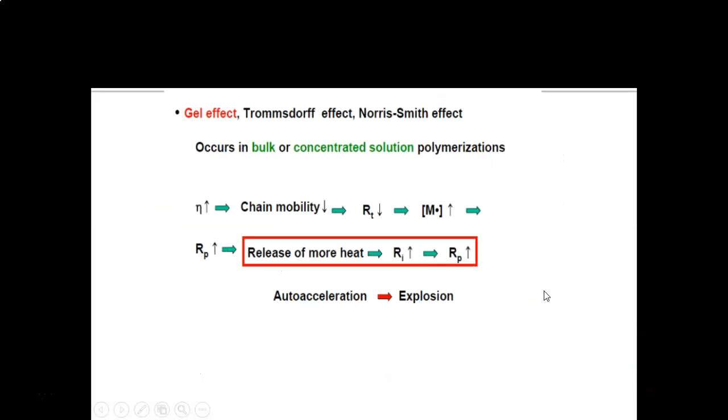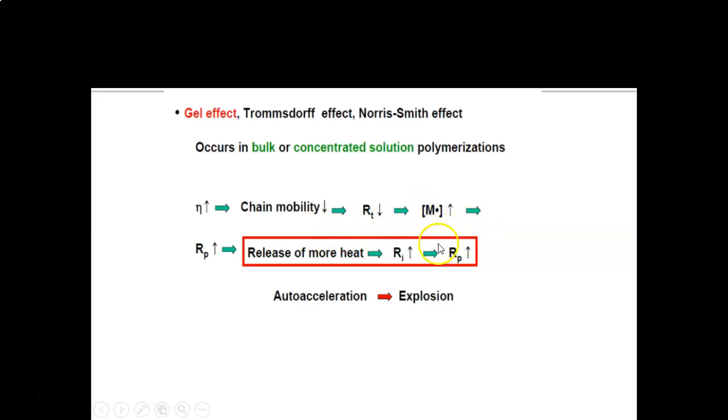Now we look at the Trommsdorff effect, also called the gel effect or Norrish-Smith effect. The gel effect occurs in bulk or concentrated solution polymerization, when the chain mobility of the polymer is reduced during polymerization.